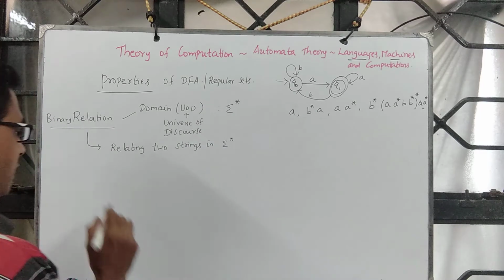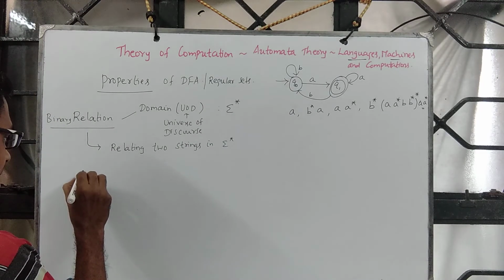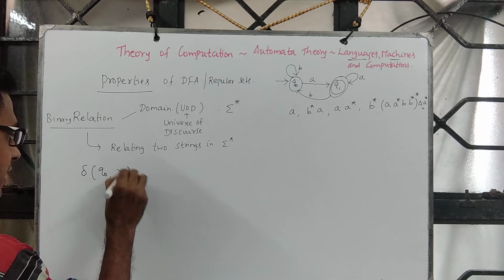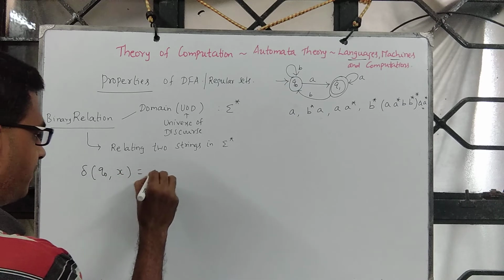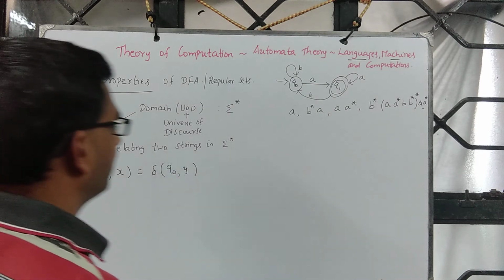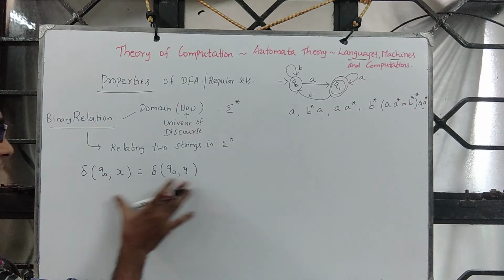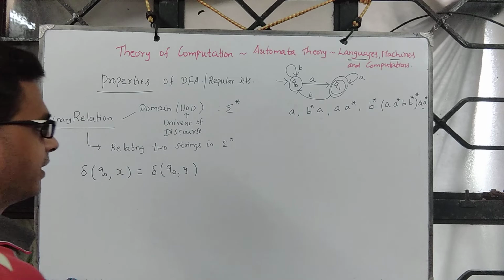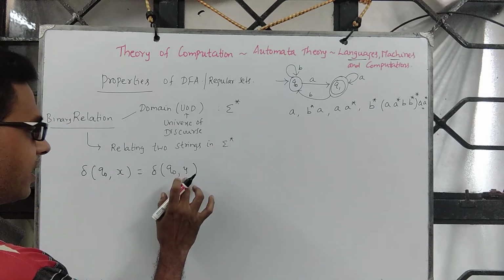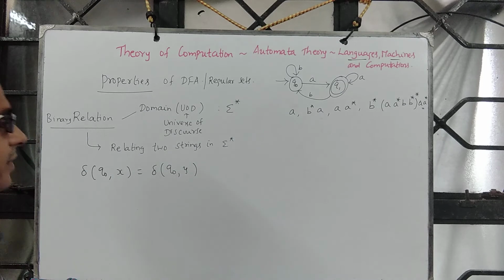Look at this automaton. Delta of q0 comma x, if it is the same as delta of q0 comma y, then we say the strings x and y are related.